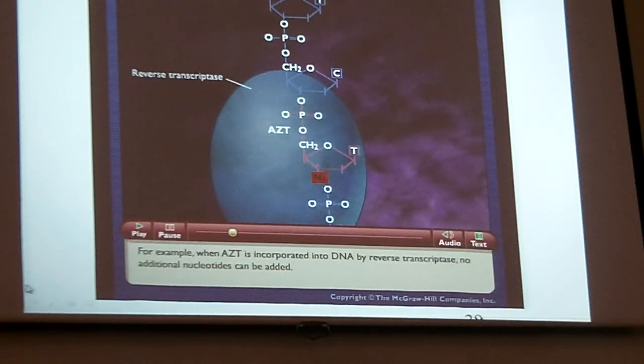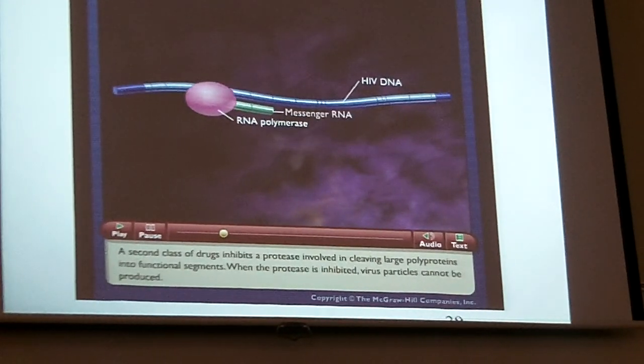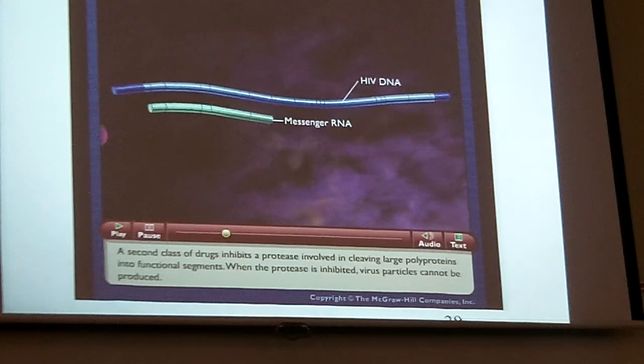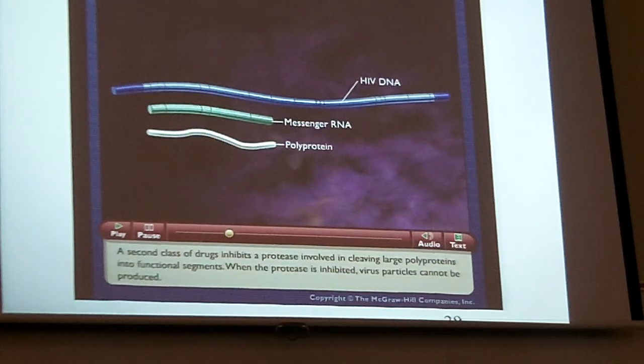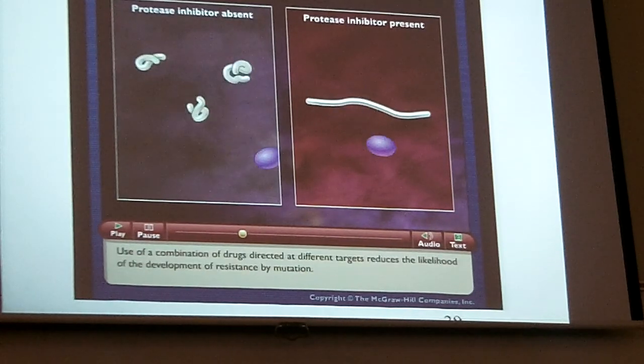Nucleotides can be added. A second class of drugs inhibits a protease involved in cleaving large polyproteins into functional segments. When the protease is inhibited, virus particles cannot be produced. Use of a combination of drugs directed at different targets reduces the likelihood of the development of resistance by mutation.